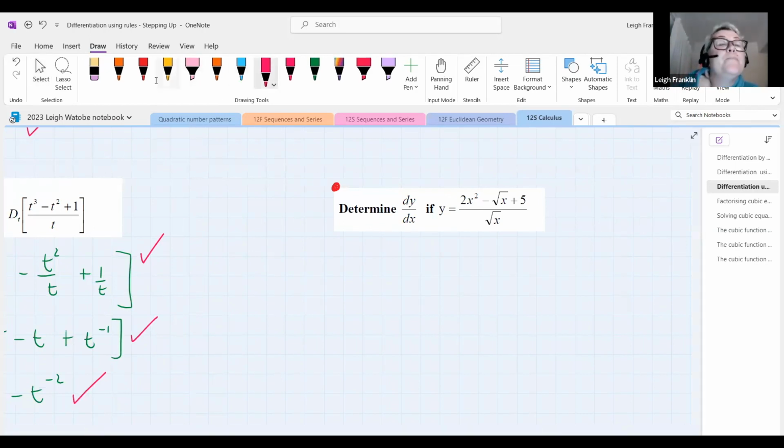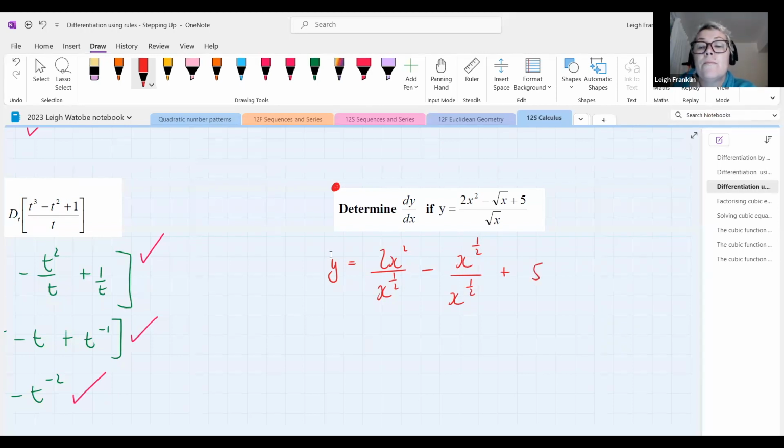Okay, first what I did was I split it. So I said y equals 2x squared over x to the power of a half, minus x to the power of a half over x to the power of a half, plus 5 over x to the power of a half.